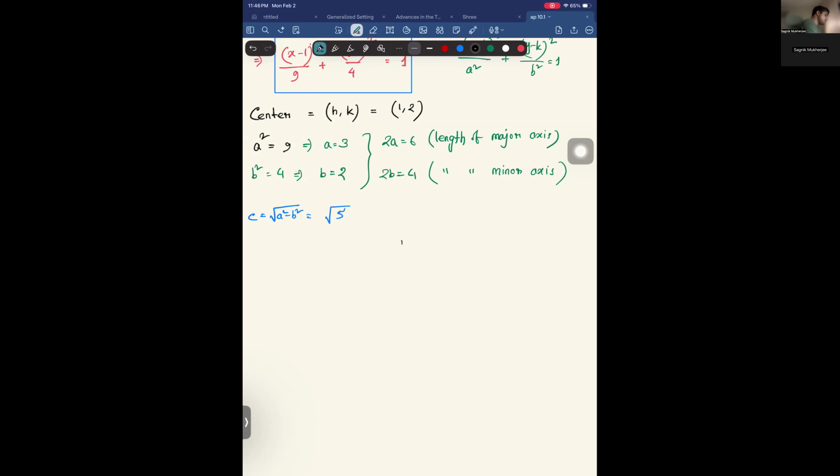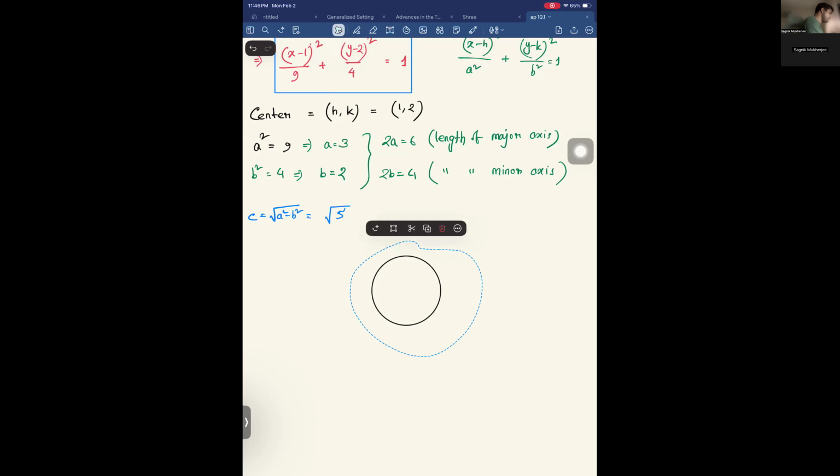So maybe if I try to draw a picture, no, make it straight. Let's see if I can do something.